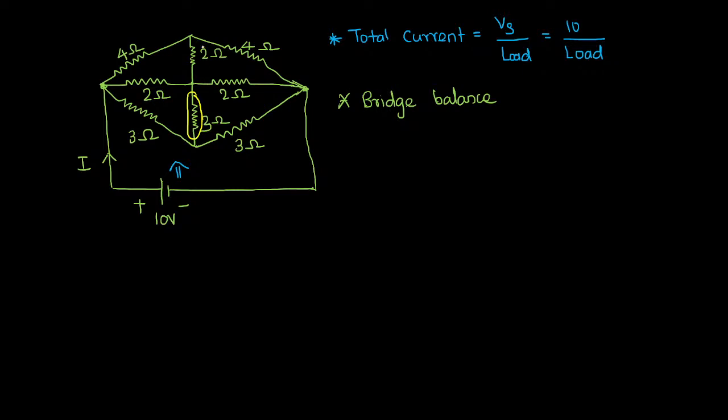Let me treat this one as a load, and let me treat this one also as a load. If you see across this load, if you find out the product of these cross arms, what you will get? See, 3 into 2, you will get 6 ohm. Yes, equal to 2 into 3. We are getting the same 6 ohm or not?